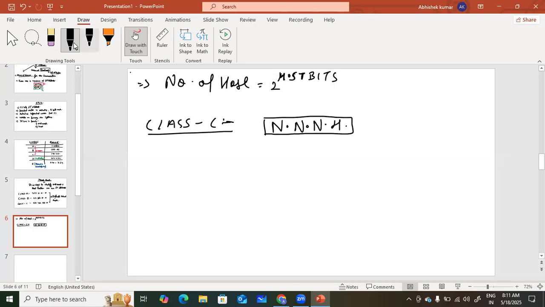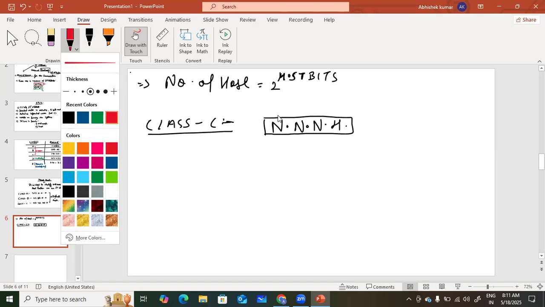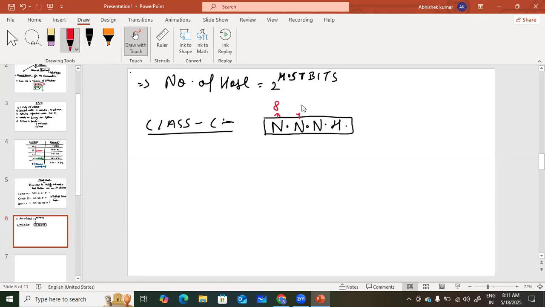All the octets are of 8 bits. This one is 8 bits, this one is 8 bits, this one is 8 bits, and this one is also 8 bits. So what is the formula to calculate the number of hosts? It is 2 to the power host bits. How many host bits do we have in class C? 8. So 2 to the power 8 gives us 256.